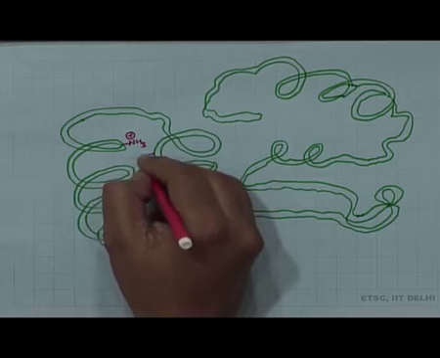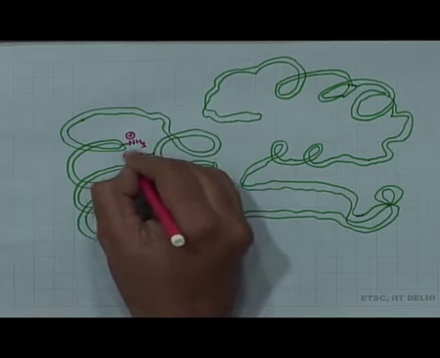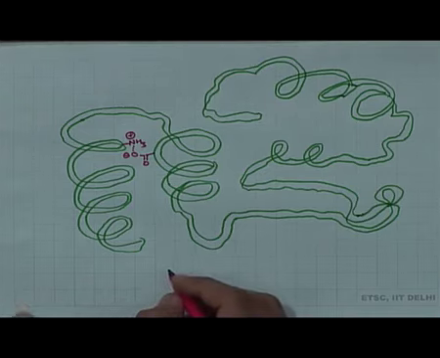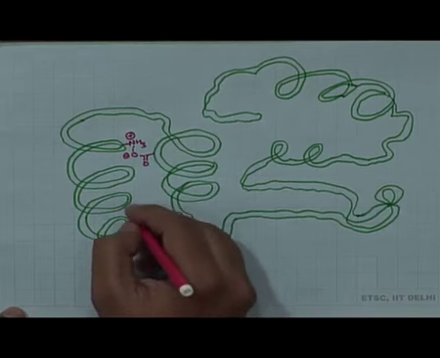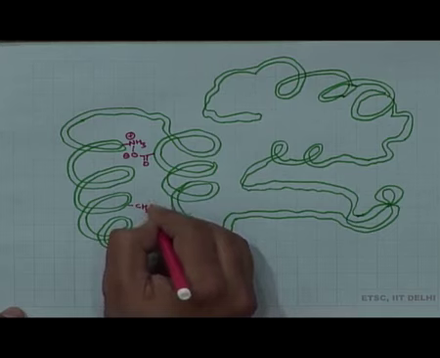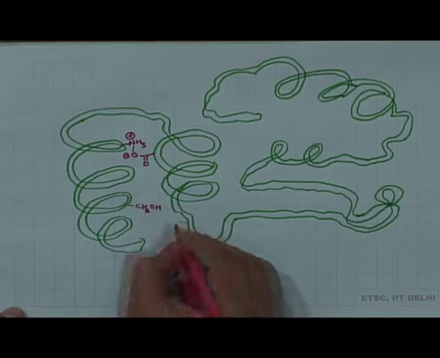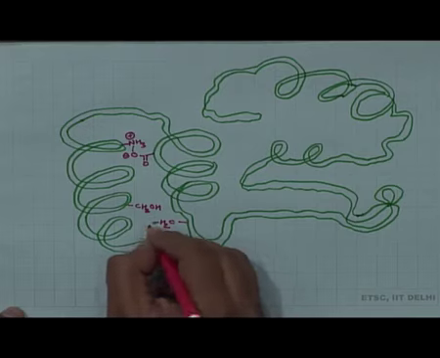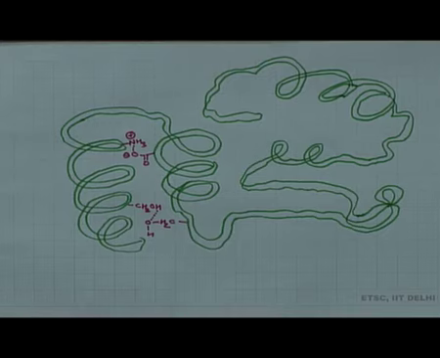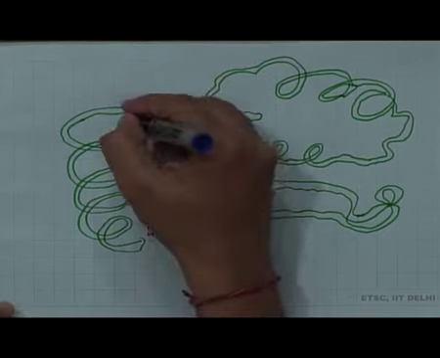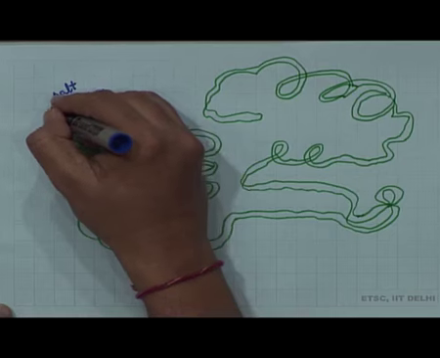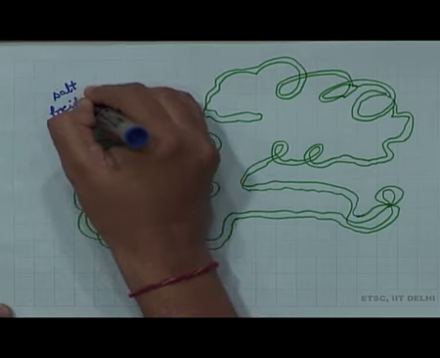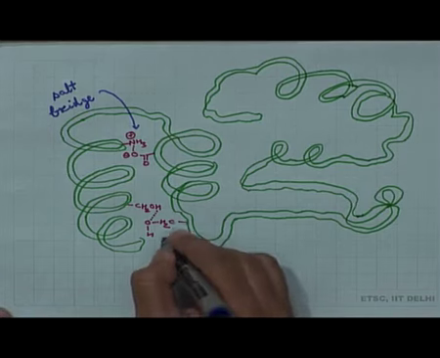So, this is the salt bridge, and then for hydrogen bonding, to represent it in the different segment I will put here CH2OH and another CH2OH group. So, this is another hydrogen bond. Let me write here, this is salt bridge, this is salt bridge and this is hydrogen bond.